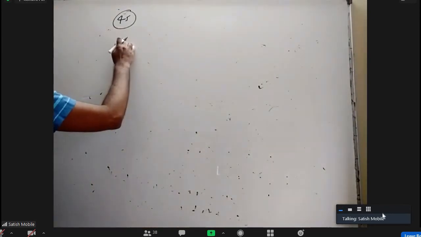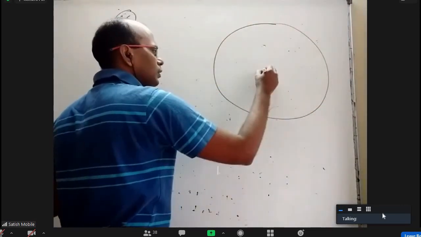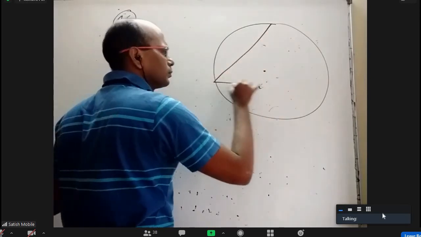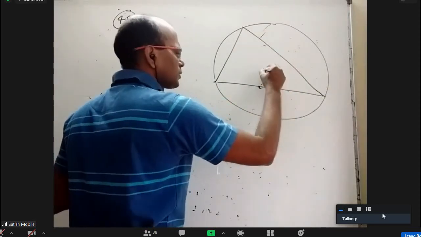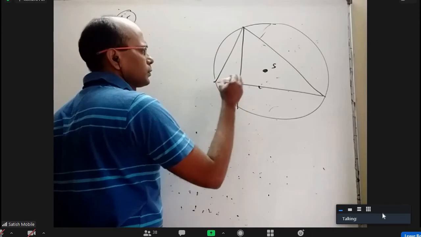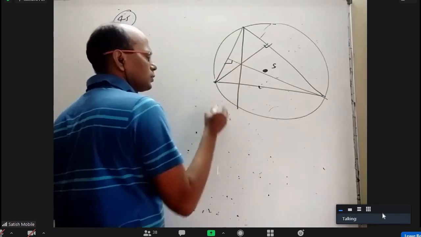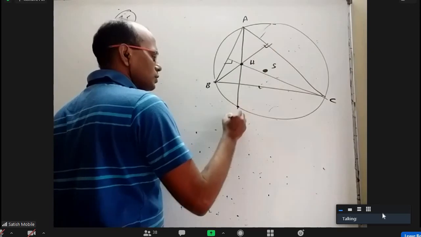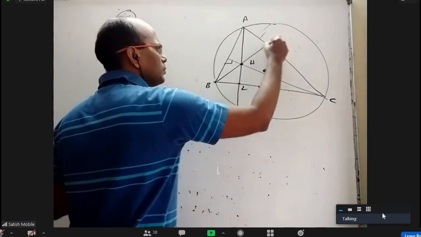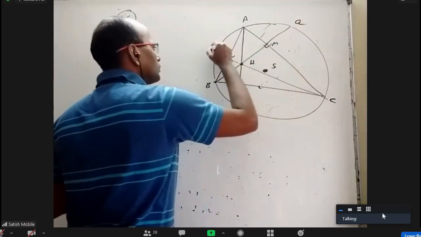So I'm going to write that statement here. Okay, I'll draw a better figure. This is the circumcenter, this is the altitude, this is another altitude, this is B, this is C, this is A, this is H, this is G, this is L, M, N, Q, and R. Okay.